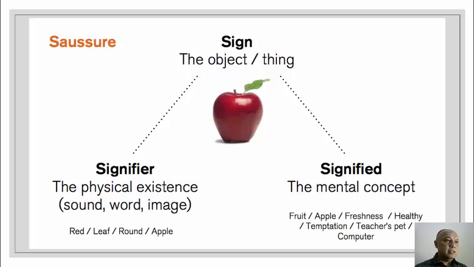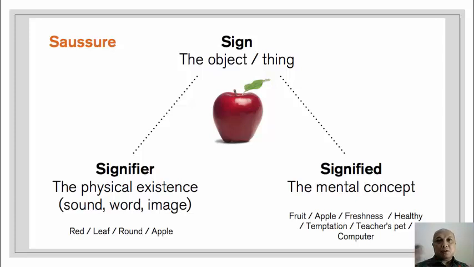So if I say apple, and then you have bread, leaf, round, those are the signifiers. Those are the things that are produced through language in order to refer to the sign above, that object. Okay, and then you have the signified.